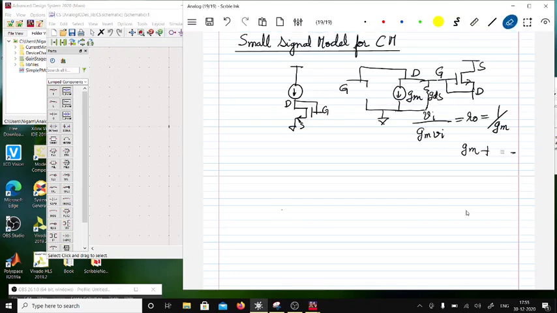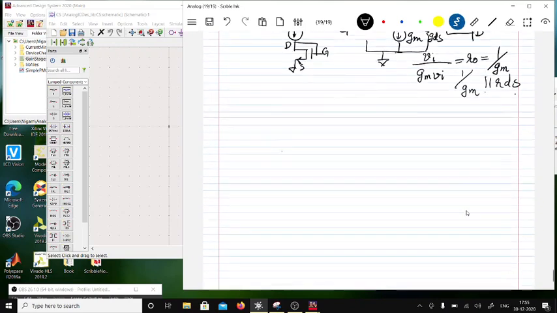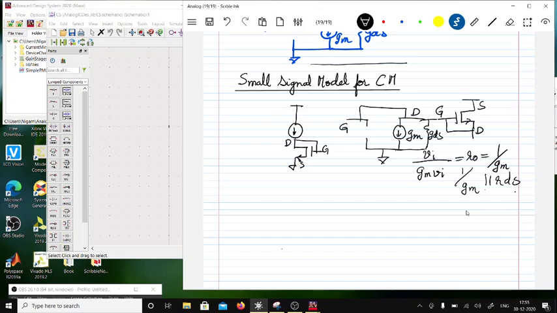So 1 over GM is in parallel with RDS, and that is the RO. And if RDS is much larger, then what you are left with is the equivalent resistance equal to 1 over GM.